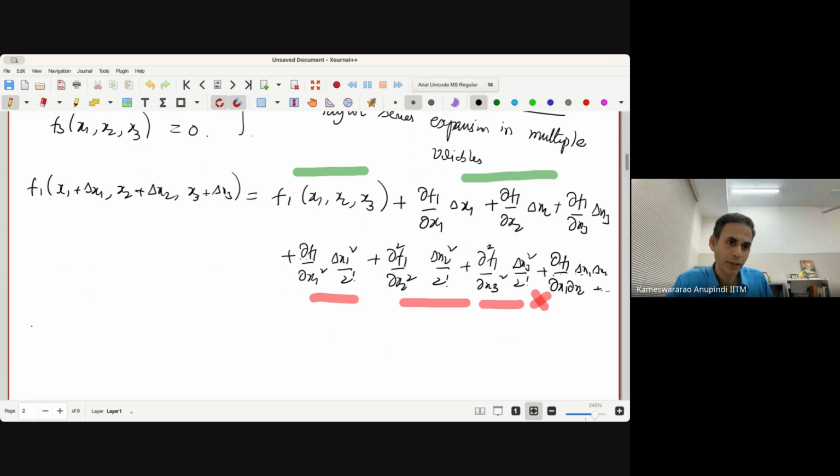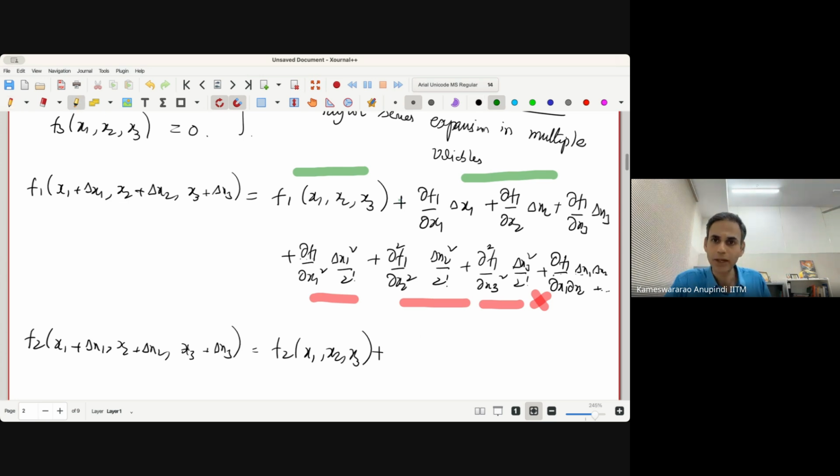Now, similarly, I can also expand f2 about x1 plus delta x1, x2 plus delta x2, and x3 plus delta x3 as f2 of x1, x2, x3 plus, instead of partial f1 that I have used here, I'm going to get partial f2, and everything else being the same.